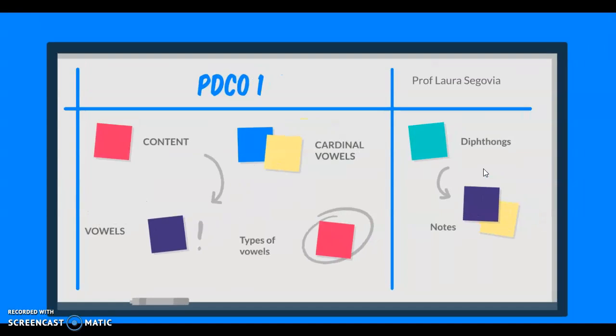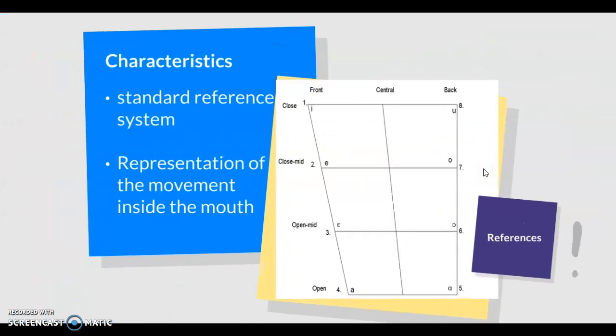Once we have revised what we saw the other class, let's go to the cardinal vowels. As a definition, cardinal vowels are a standard reference system. They are another way of imagining the vowels inside our mouth and specifically acquiring the knowledge of the position of the tongue in the production of the different vowels.